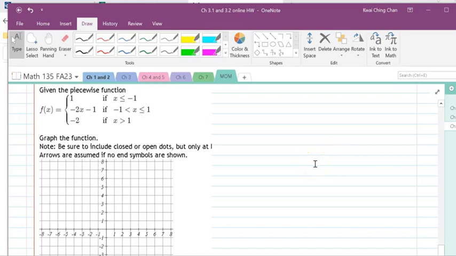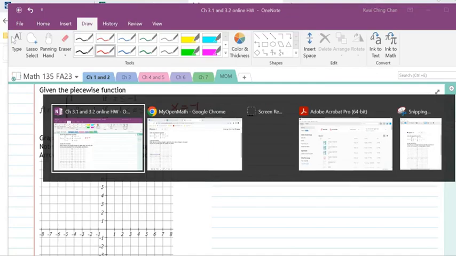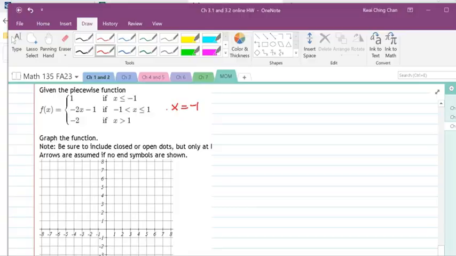When x is between negative 1 and 1, we need to calculate the boundary. It means when x is negative 1, usually we don't plug it in, because when it is actually equal to negative 1, you should use the other formula.